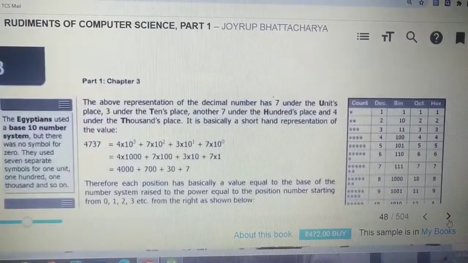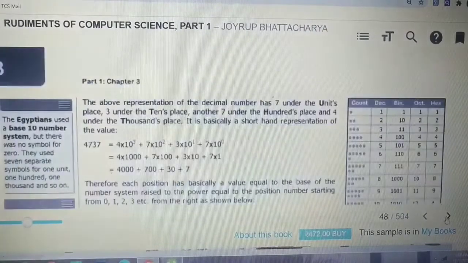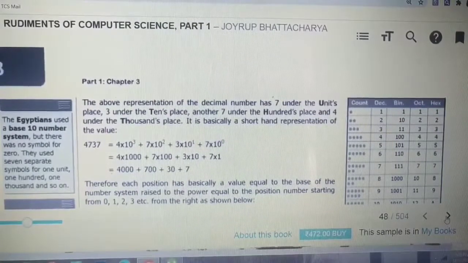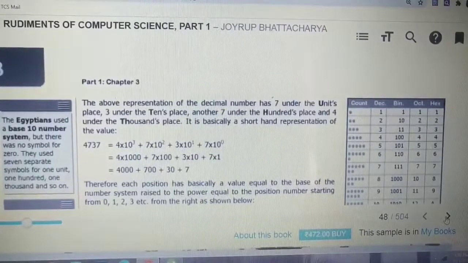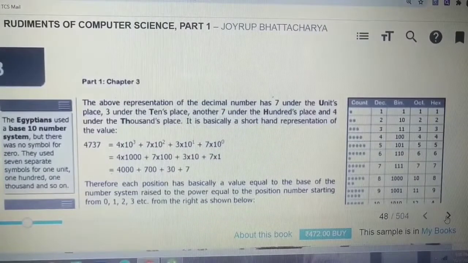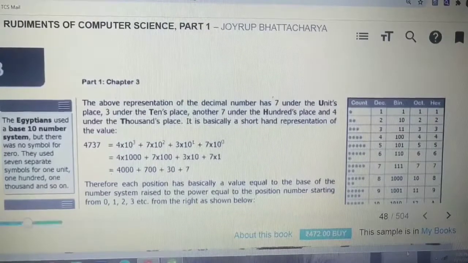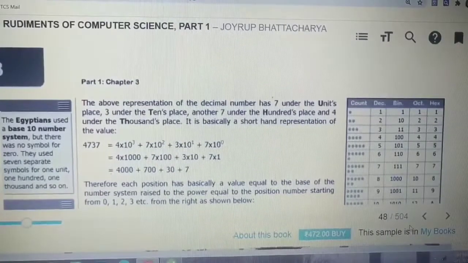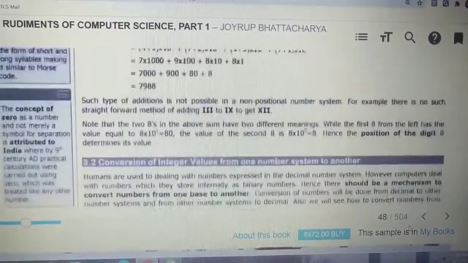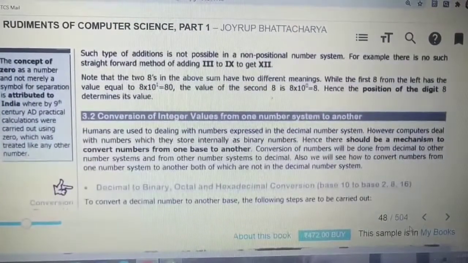Now we are moving to the next page. How do we represent the number? We know there are binary, octal, decimal, and hexadecimal number systems. Now we are directly moving to the conversion systems: the conversion of integer values from one number system to another.